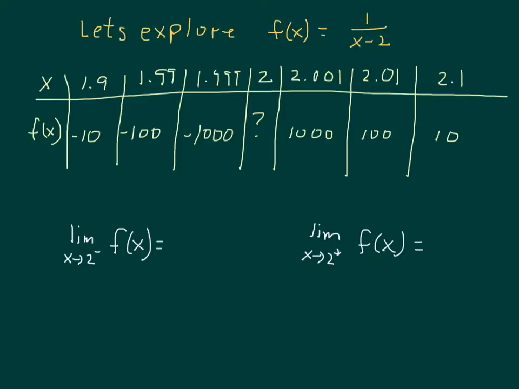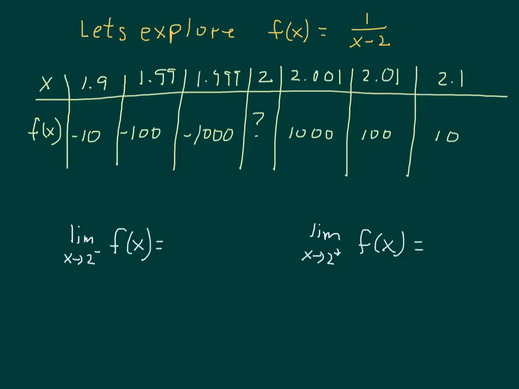When I put in 1.9 for x, I get negative 10. When I put in 1.99, I get negative 100. I put in 1.999, so I'm really, really close to 2, and I'm getting something very big, negative 1,000. If I move even closer, you kind of get the idea, you're going to get something even bigger.